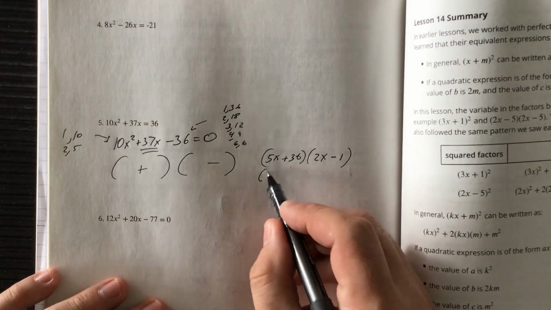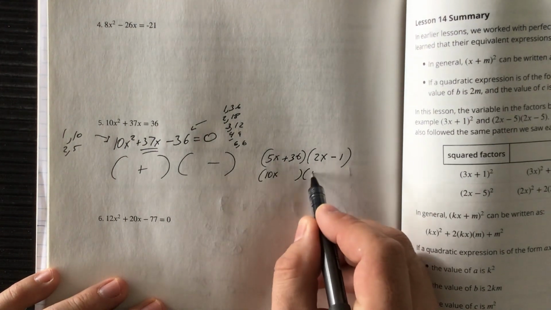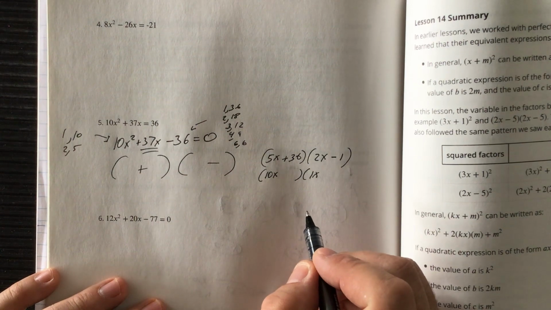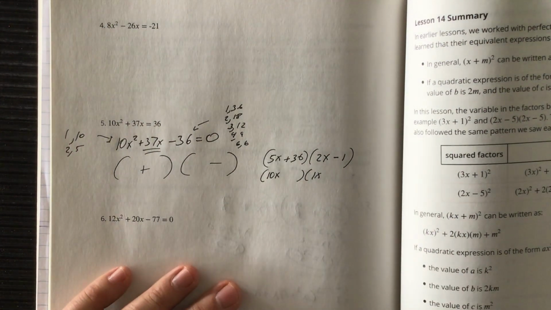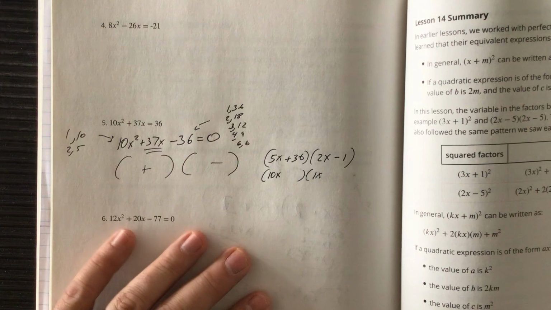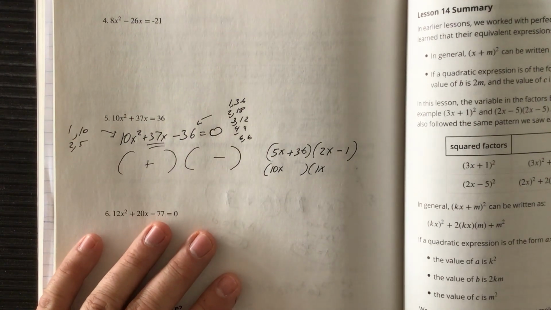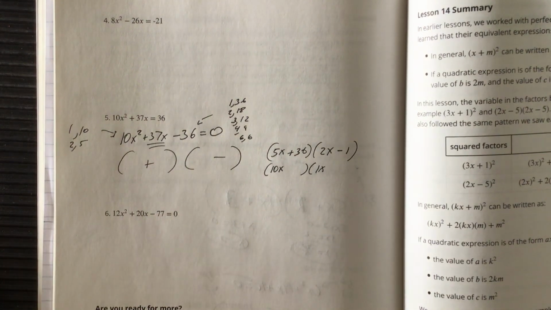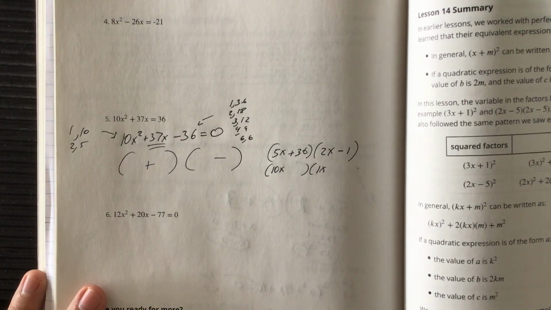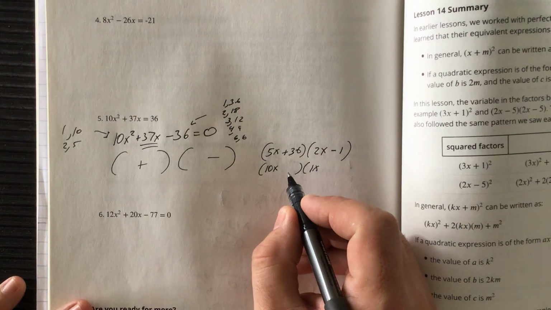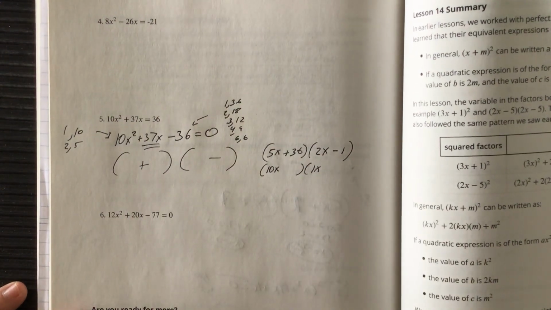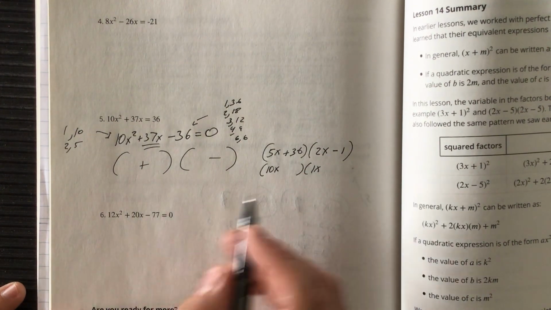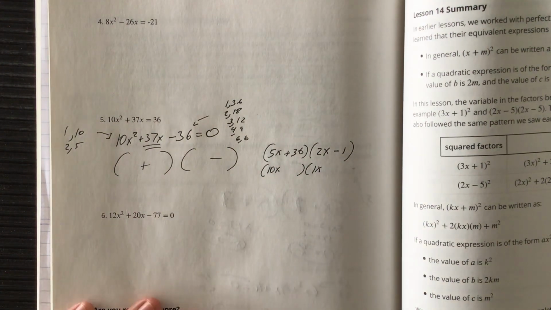Yeah, that's what I think. I put 10x plus 7, 1x minus 3. 7's not a choice. Last two numbers need to multiply to 36.